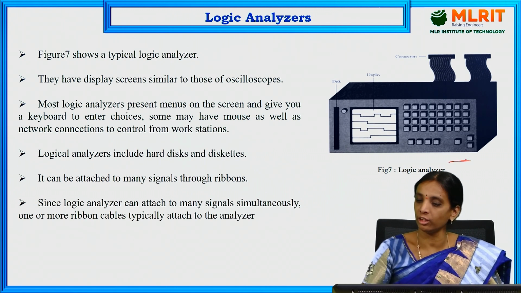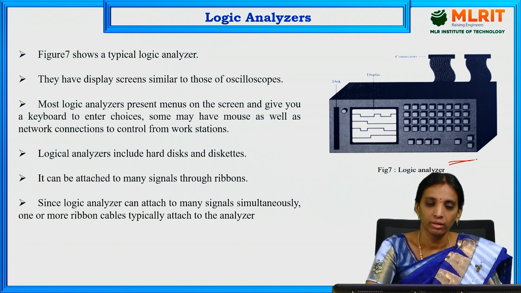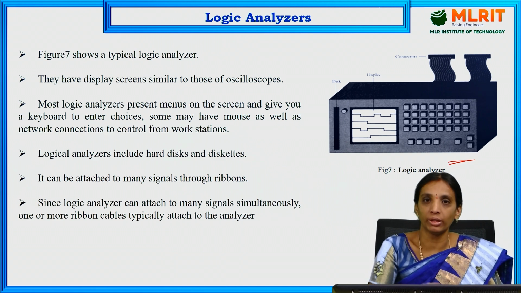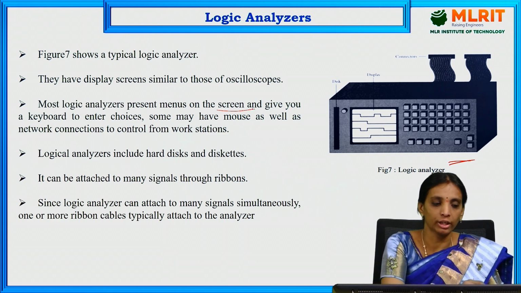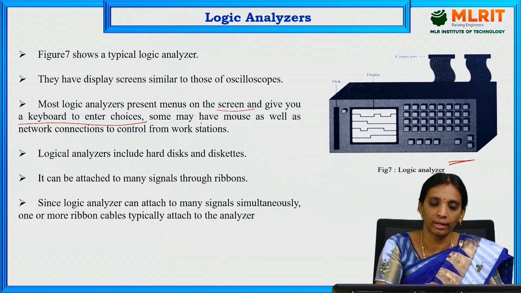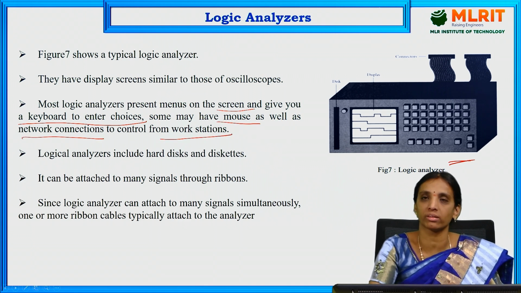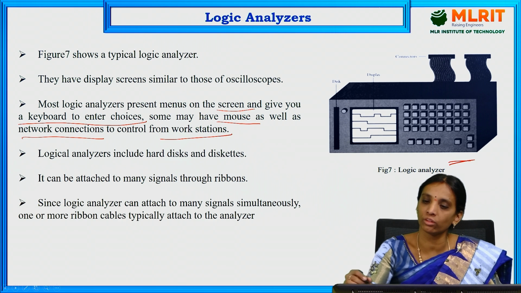Next is the typical logic analyzer. It has a display screen the same as the oscilloscope. Most logic analyzers present menus on the screen, and give a keyboard to enter our choices, and a mouse and network connections to control from workstations.